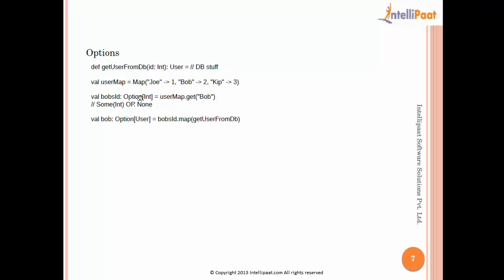It will return an option type wherein it indicates that the returned value might either contain a non-null value or it may not contain anything at all. So this is an example of an option type in Scala. Option type actually helps you in avoiding null dereferencing and other errors, and is very useful for error checking.